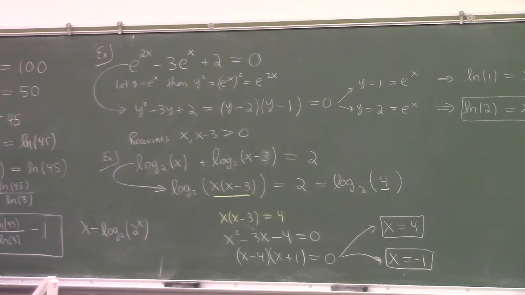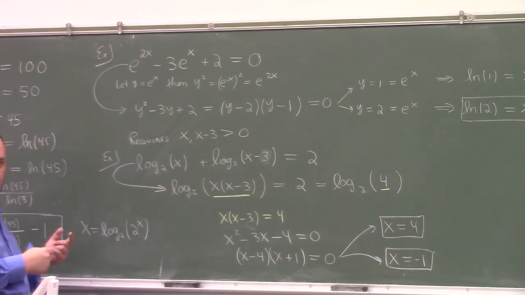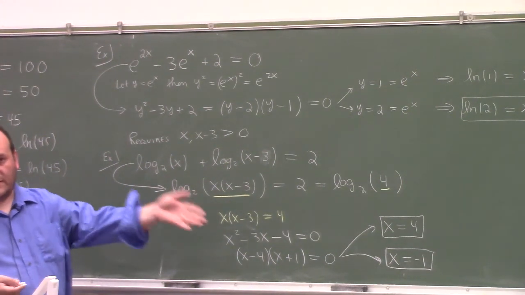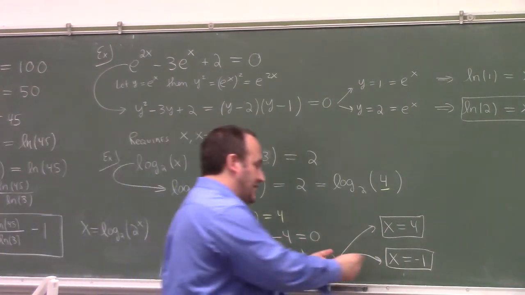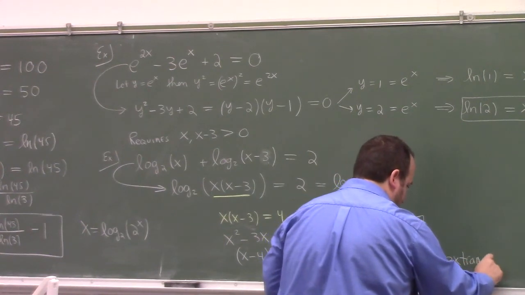So the name of the game here is after you use the property of log and you find the corresponding solution, you got to go back and check the original problem again. So the solution minus 1 is extraneous. It's not even in the solution set.